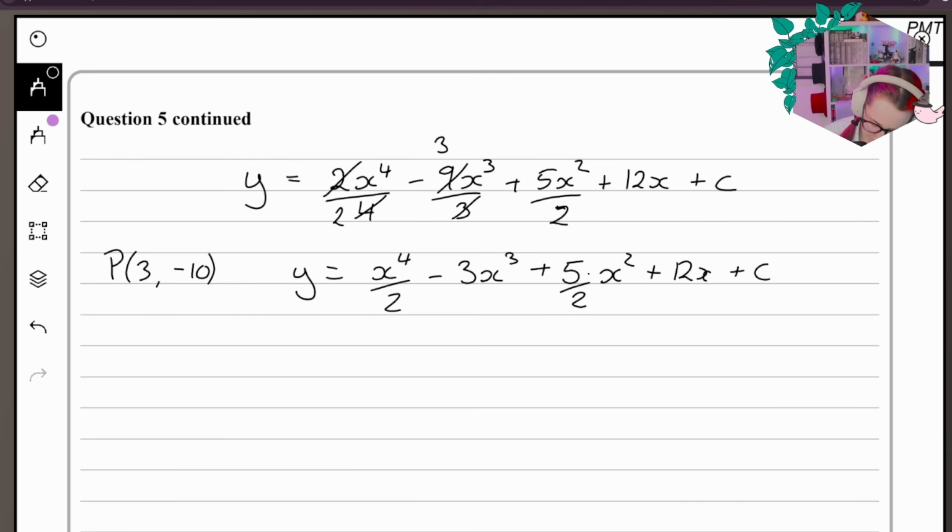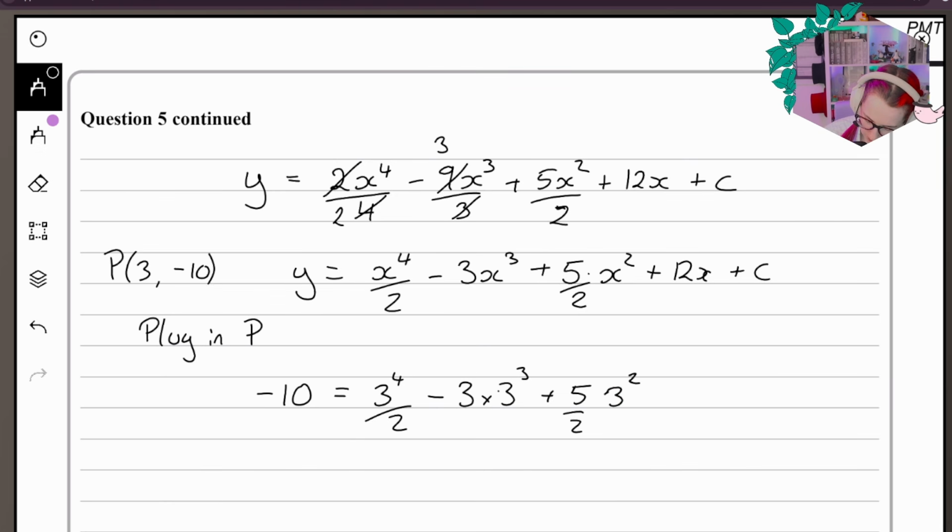And then plug in values of y. So we get minus 10. And then we have an x, we now have a 3. So 3 to the power of 4 over 2 minus 3 times 3 to the power of 3 plus 5 over 2, 3 squared plus 12 times 3 plus c. And this is where a calculator comes in handy.